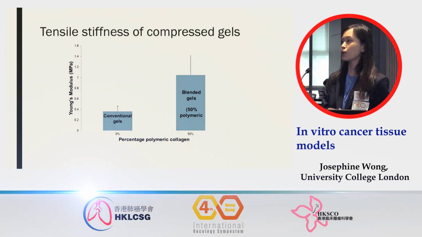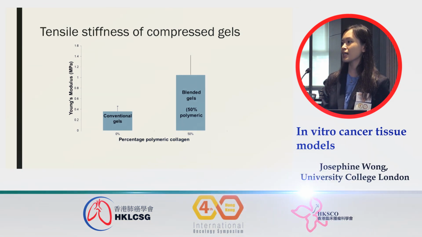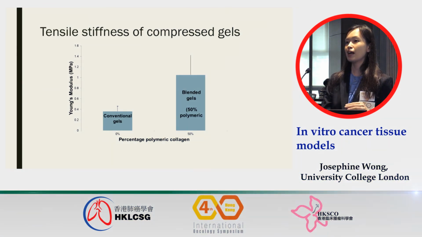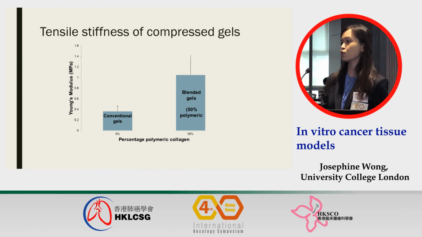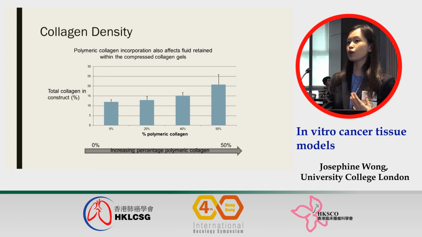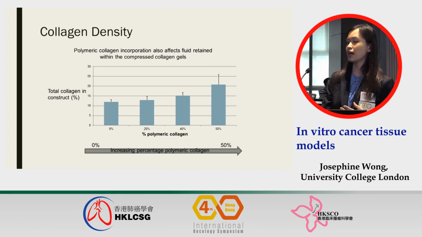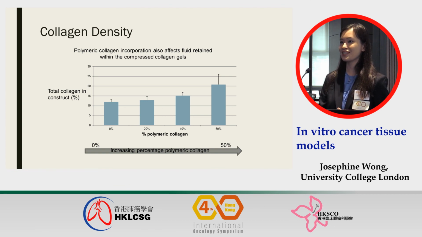With the polymeric collagen, we're able to create a stiffer gel, which is about 3 times stiffer than the already compressed gels, which contain 10% collagen. And we also increase the collagen density within the scaffold. This can be controlled by altering the amount of polymeric collagen you incorporate into the blended gels. This gives you another tool to control the collagen density.